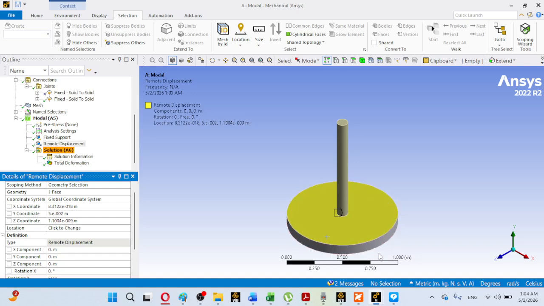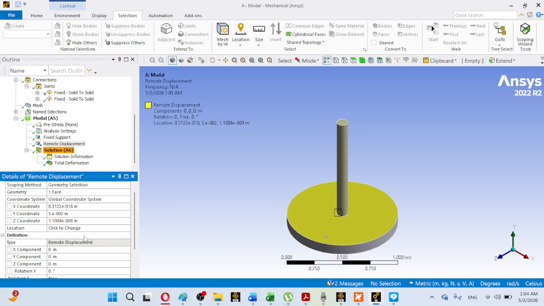So there are actually a total of 3 faces: this circular face, this upper face that is connected with the shaft, and its other face which is parallel to this face.